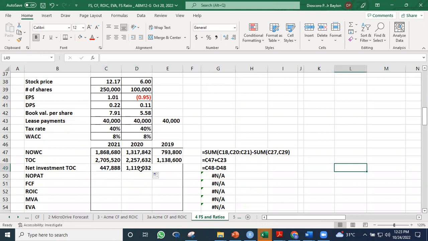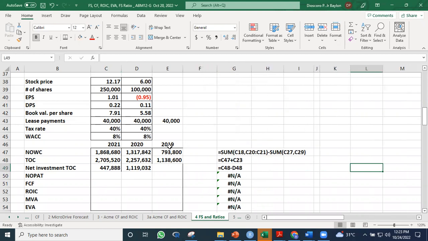Nung 2020, nadagdagan siya ng 1119. Nung 2019, wala, kasi we were not given the data in 2018. So we can only solve up to 2020.